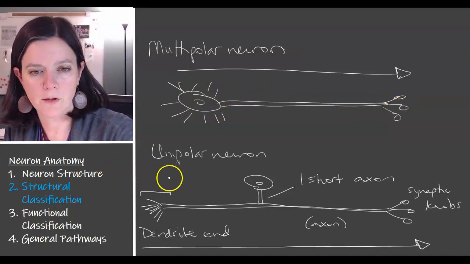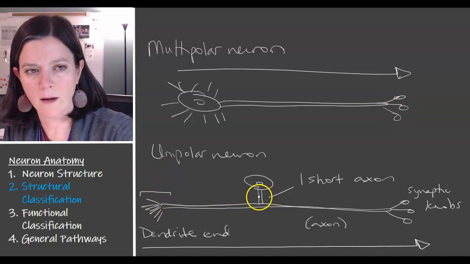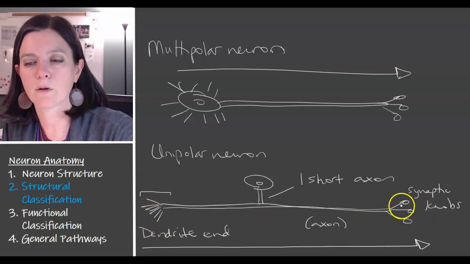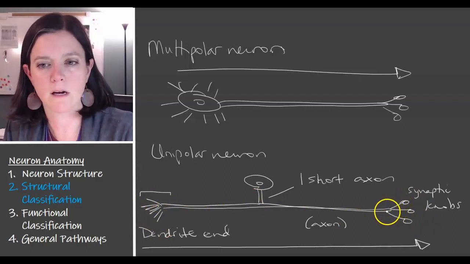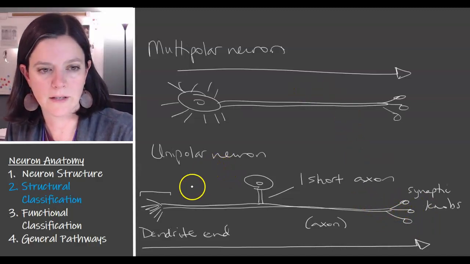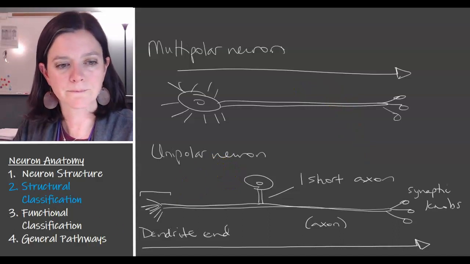The unipolar neuron has one axon coming off of the cell body that splits, and it has a dendrite end at one side and the typical distal end, the synaptic knobs, at the other side. So these are our two structural classifications of neurons.